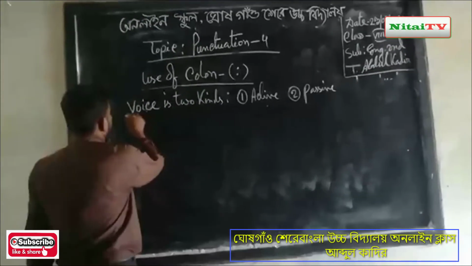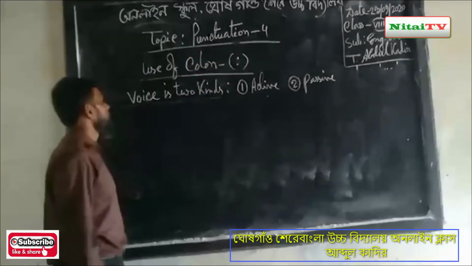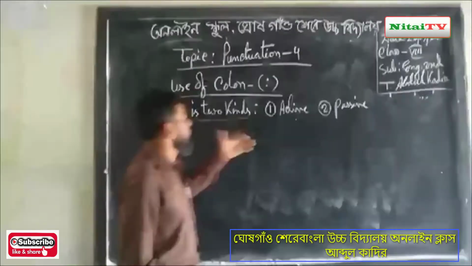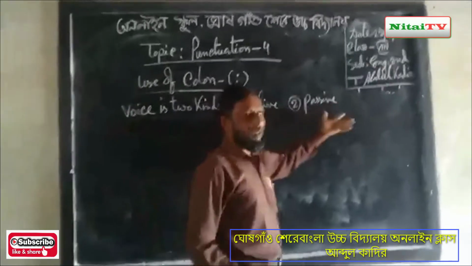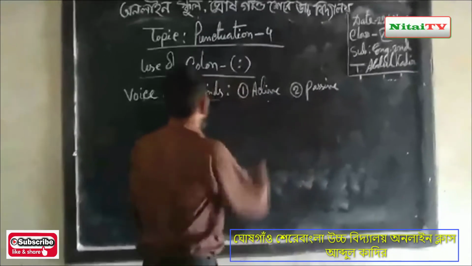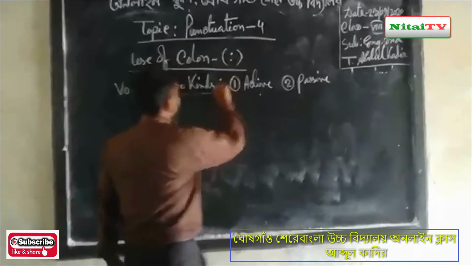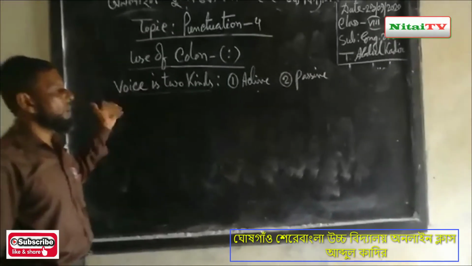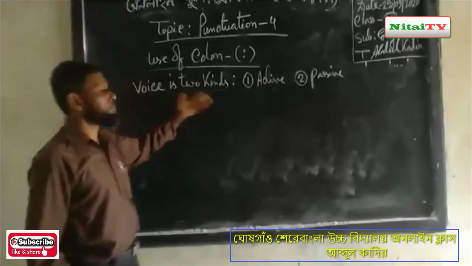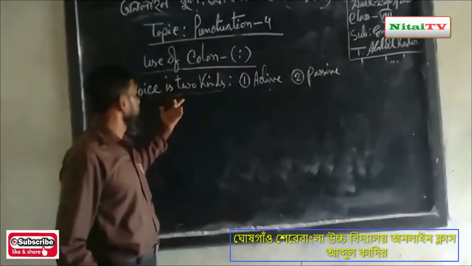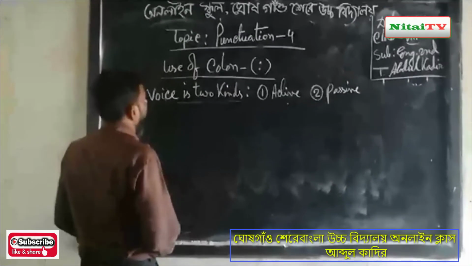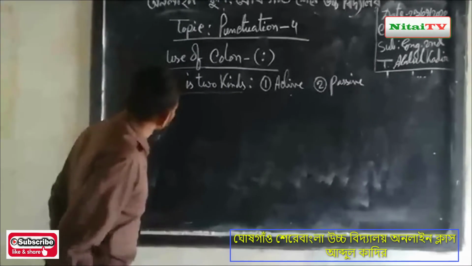The previous sentence is boys are of two kinds. Here, active and passive explain it. So we use colon to discuss or explain previous sentences. And follow the next.